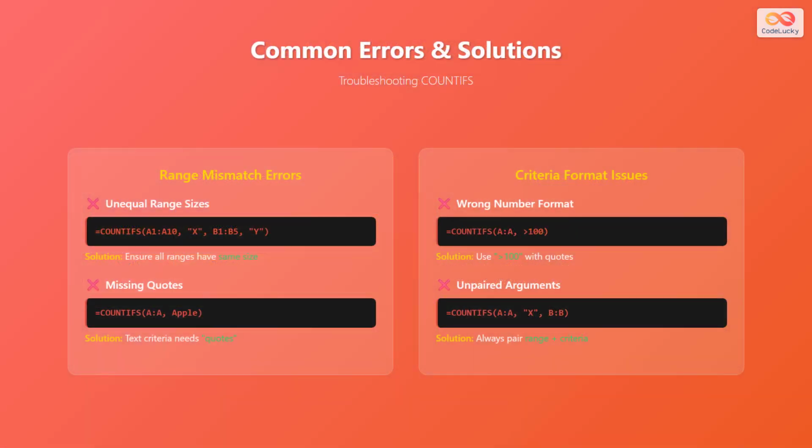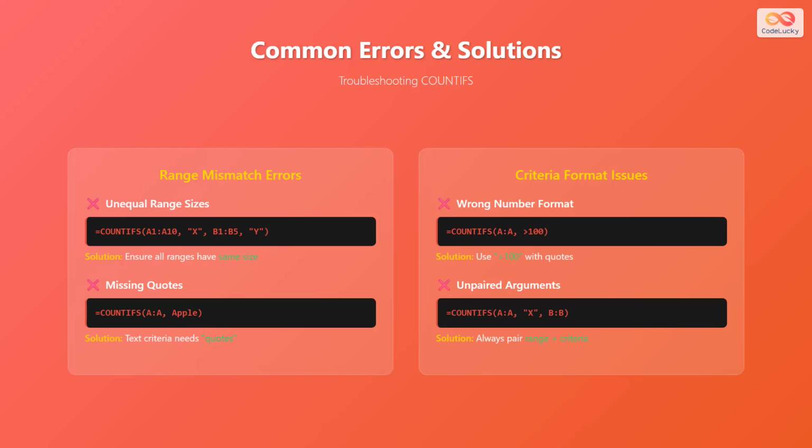Here are some common errors and solutions when using COUNTIFS. One common error is unequal range sizes, where the formula is =COUNTIFS(A1:A10, "X", B1:B5, "Y"). The solution is to ensure all ranges have the same size. Another error is missing quotes, where the formula is =COUNTIFS(A:A, Apple).